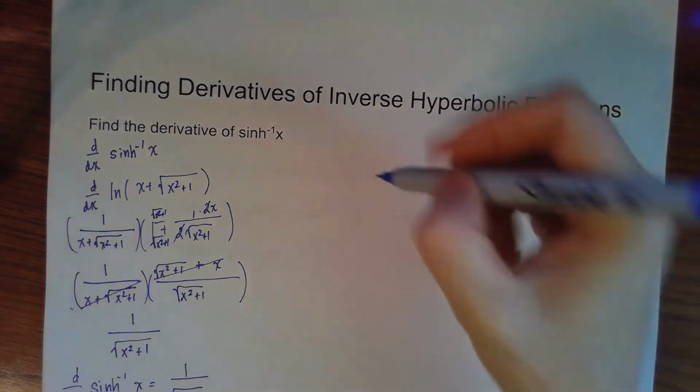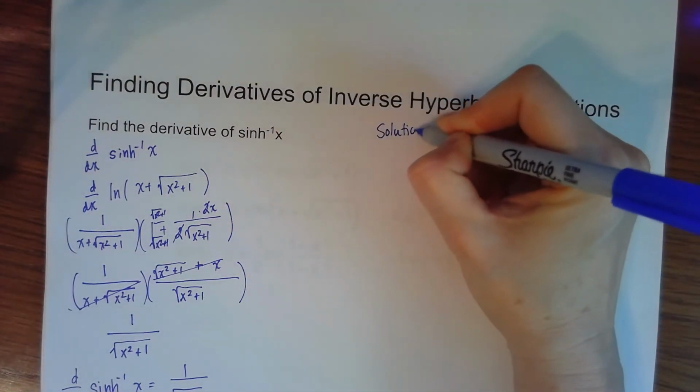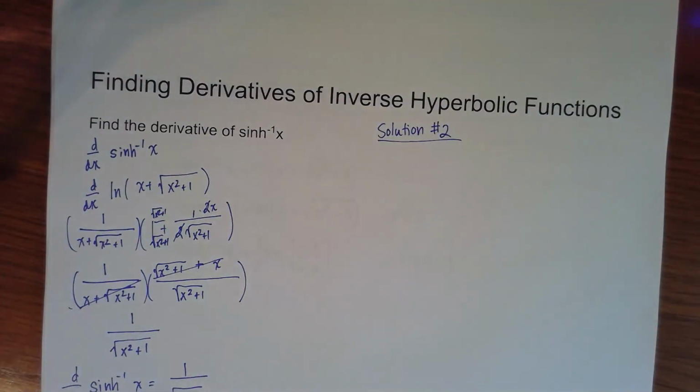Now there's actually another way to solve this. You may think that this one is easier, we'll have to see, but it uses implicit differentiation, so this is a good way for us to practice implicit differentiation anyways.